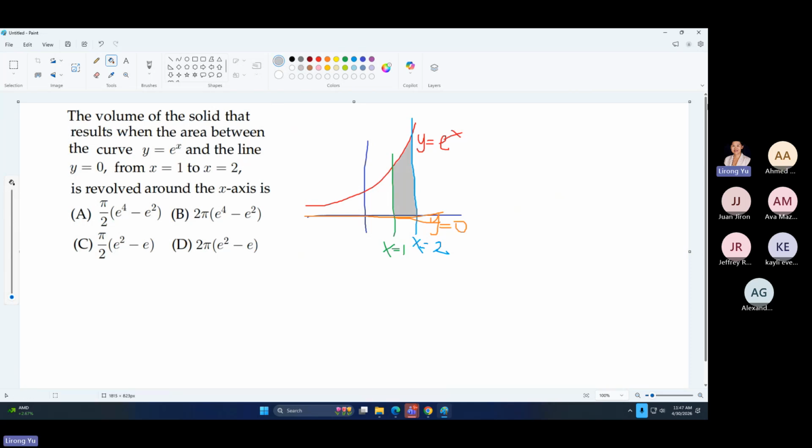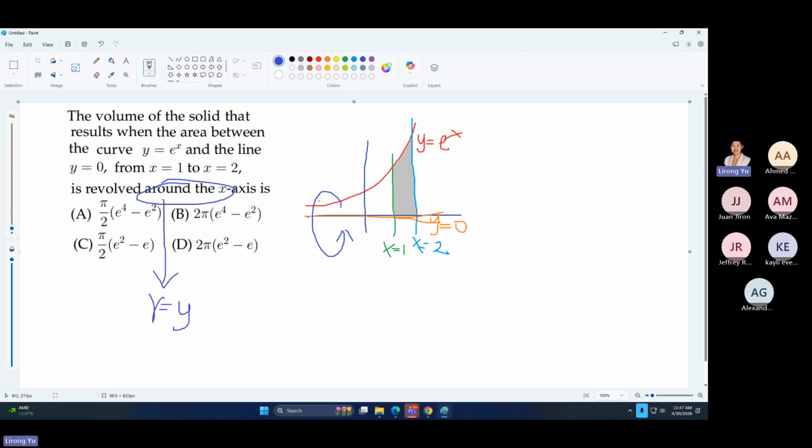We're revolving this about the x-axis. So you just imagine this thing is being revolved this way. When you have a revolution about the x-axis, the radius is the y value. R equal to y.